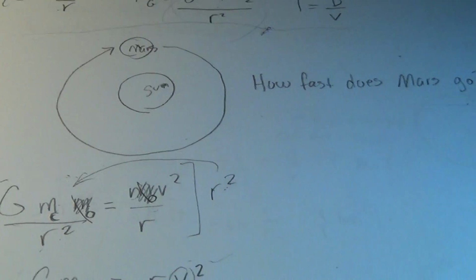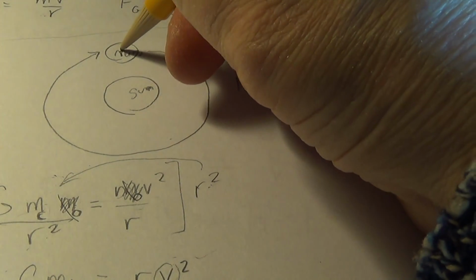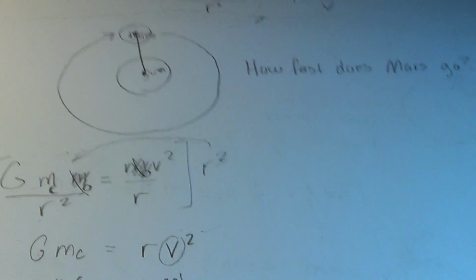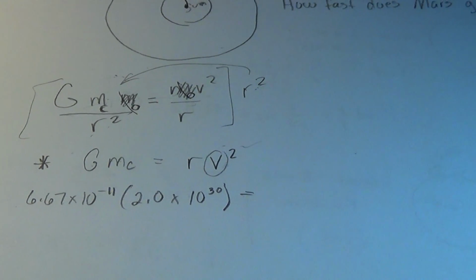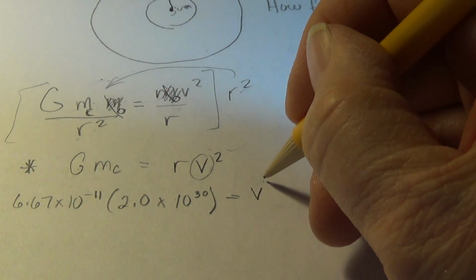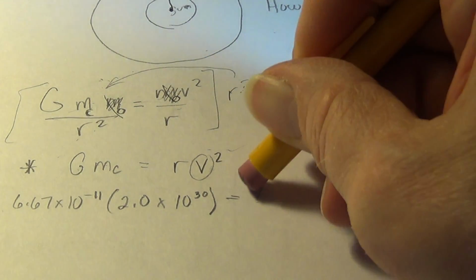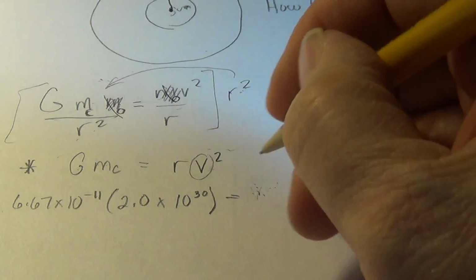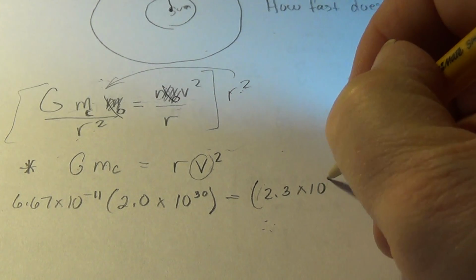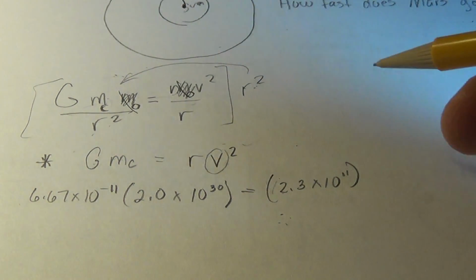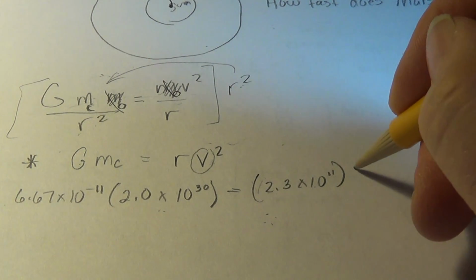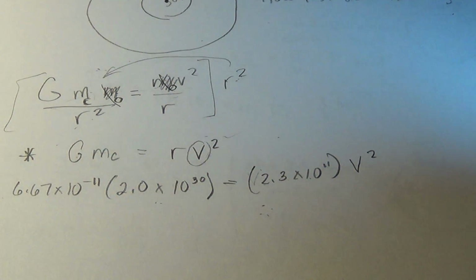We call it the orbiting radius, so it will include from center of Mars to the center of the sun, r. So that is also known. It can be given to us. R is 2.3 times 10 to the 11th. So when you do these problems, they'll start with some givens, and then v squared is what we're looking for.